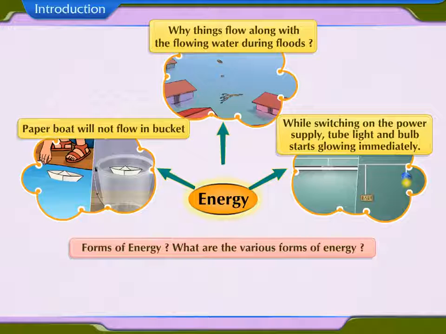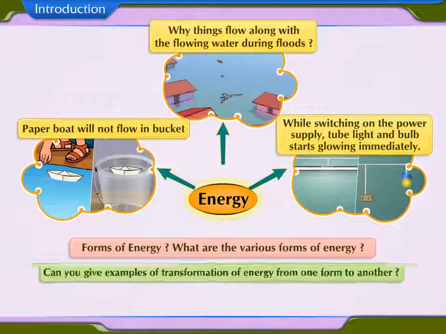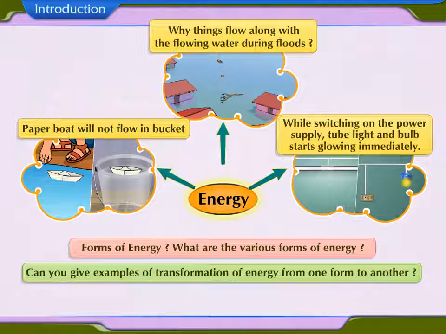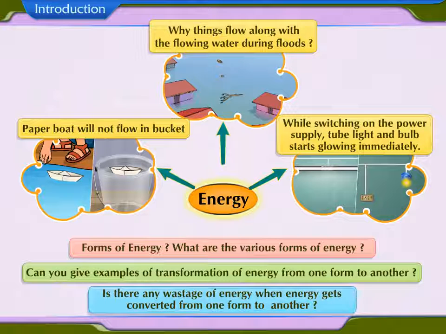What are the various forms of energy? Can you give examples of transformation of energy from one form to another? Is there any wastage of energy when energy gets converted from one form to another? Well, after learning this chapter, you will be in a position to answer these questions.